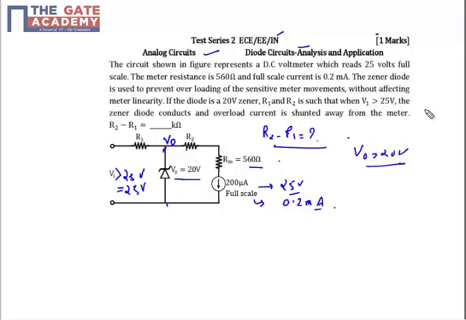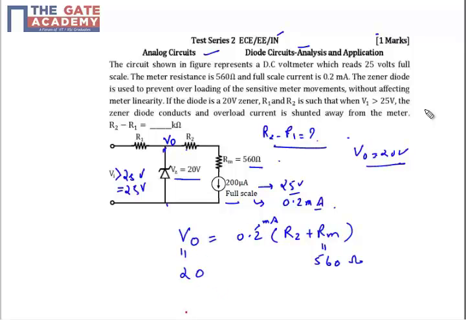Since the voltage across the Zener diode is fixed, and across the voltmeter branch the current is already given, in series the current remains the same. So I can write the equation as V0 equals 0.2 milliampere multiplied by R2 plus Rm. I also know the value of Rm, which is given as 560 ohms, and V0 is 20 volt.